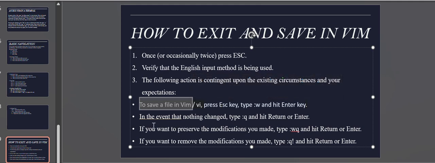In the event that nothing changed, type colon Q to quit that file or terminal. If you want to preserve the modifications, you may type colon WQ and hit return or enter. If you want to discard the modifications, you may type colon Q exclamation mark and hit enter.